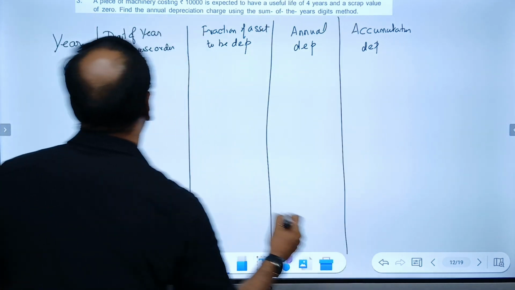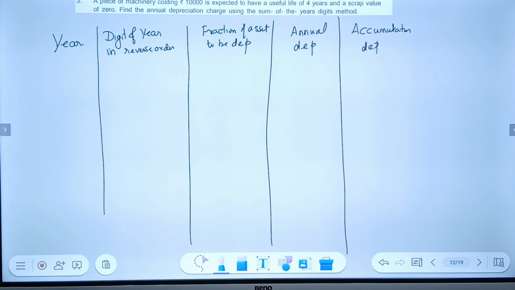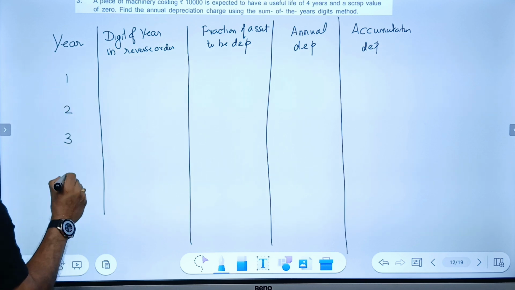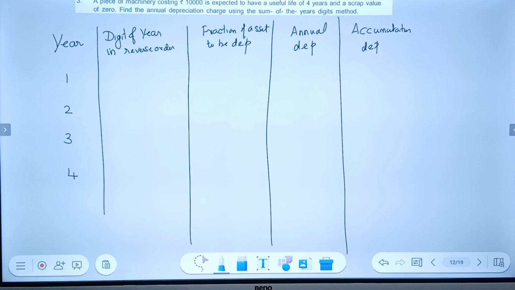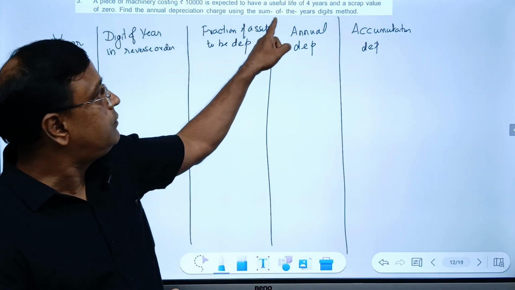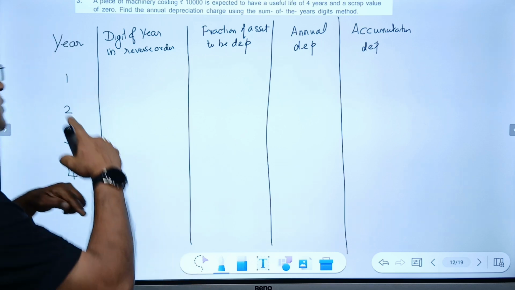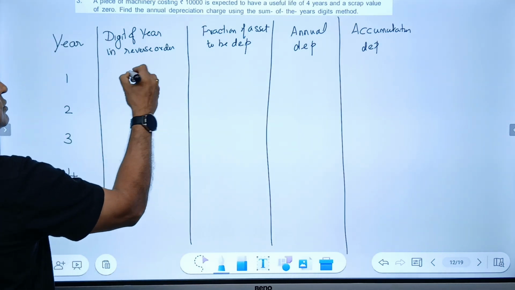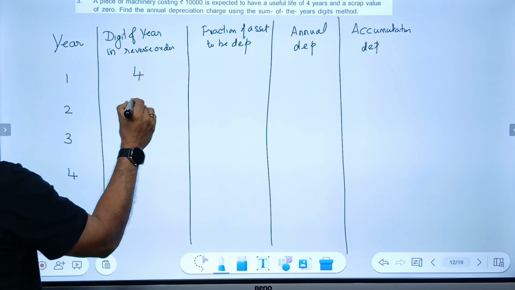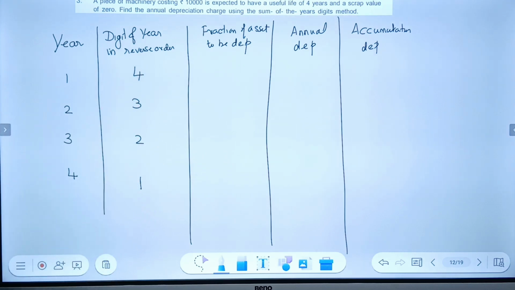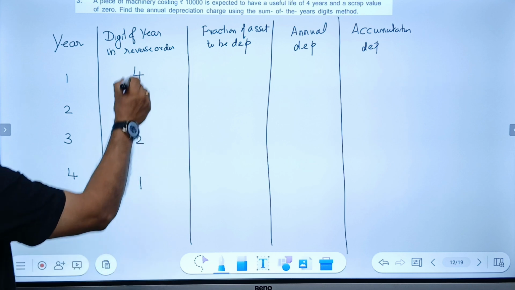Draw the table. Here I begin with first year, second year, third year and fourth year. Correct? Now it's called the sum of the years digit method. So first, you reverse the years. That's why it's the digit of the years in reverse order. So what is that? 4, 3, 2, 1. Correct? And what is the total?